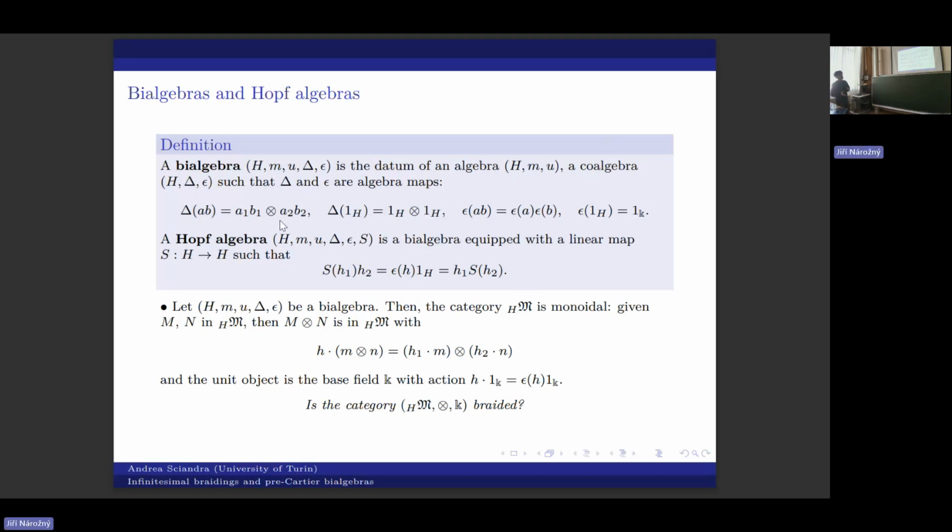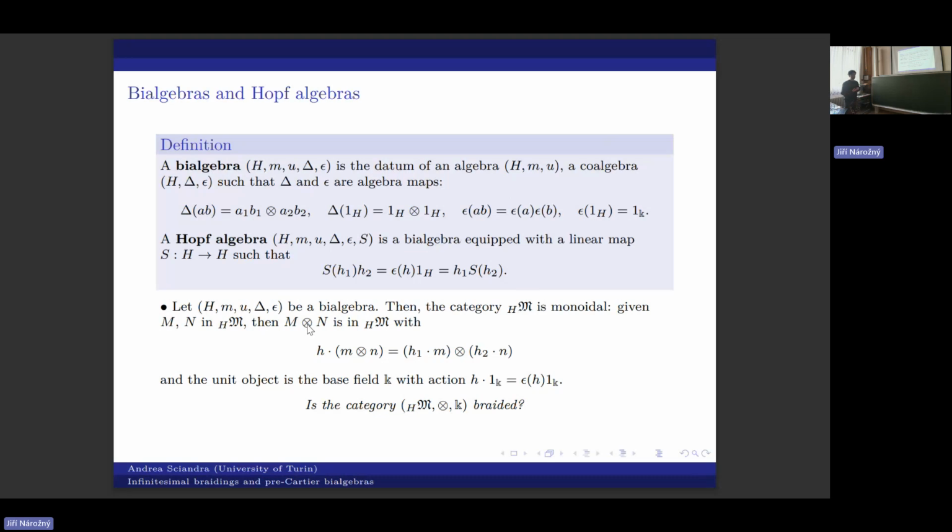So we know that when we have an algebra, we can define a category of modules. But if we want to give this category a monoidal structure, we have to start with a bialgebra. In fact, if we start with a bialgebra and we consider the category of left modules over it, we can associate to the tensor product of two modules, here the tensor is just as vector spaces, a module structure.